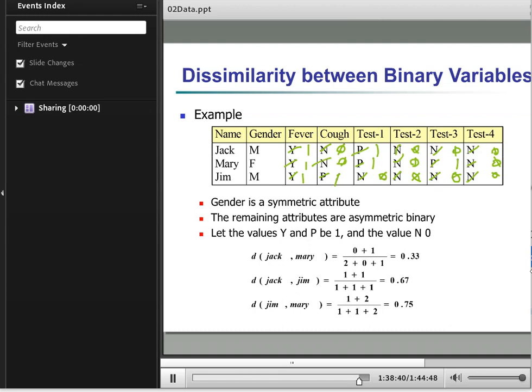The chance of selecting a man or a woman is 50-50. So we say gender is a symmetric attribute.